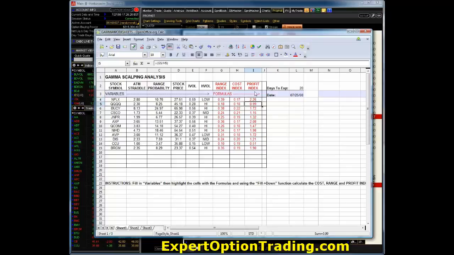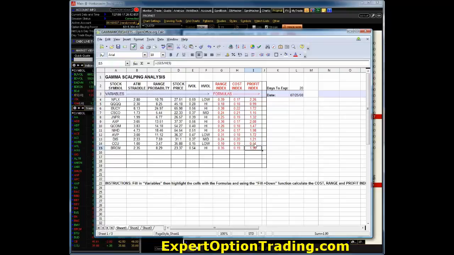Now, if we take a look at our profit index after all of the issues that we've put into our spreadsheet here, we notice that Netflix has the highest profit index, followed by American Express, followed by BRCM. On the low end of the scale, we have the Qs, which only has a 0.99 profit index.